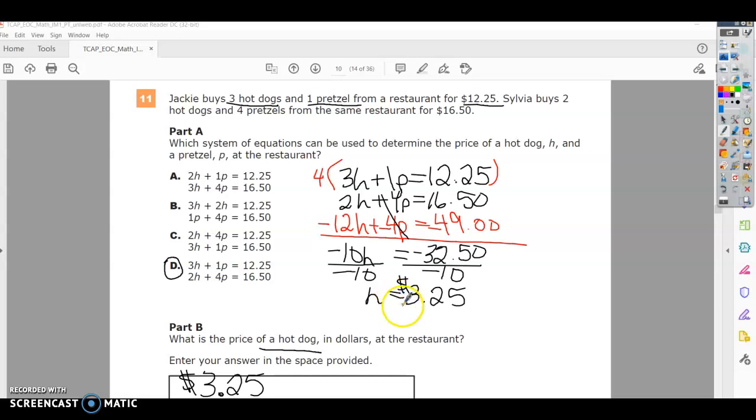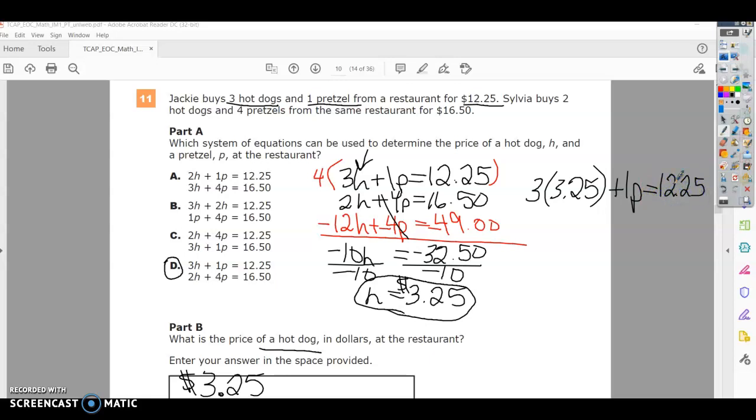So we're going to take $3.25 and just plug it in for one of the equations. If I go up here, I can say 3 times $3.25 plus 1p is equal to $12.25.